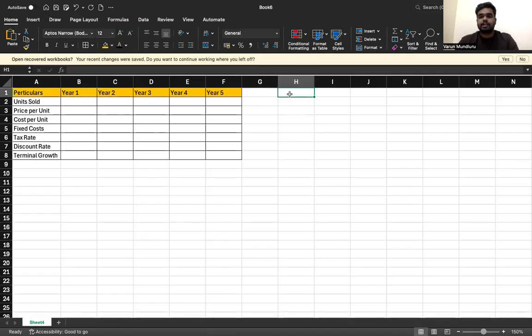Also, along with this, we will assume some growth rates for units sold, price per unit, cost per unit, and fixed cash cost.